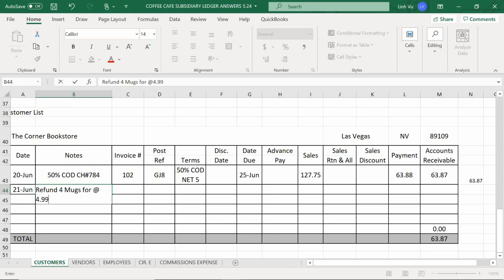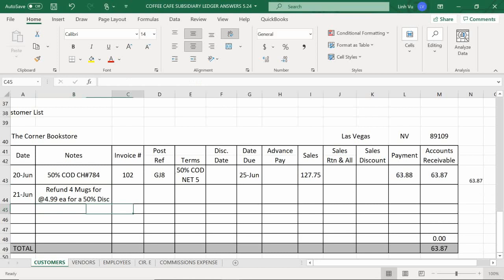Or 999. Yeah. Okay, invoice number R. General journal 9. And go all the way down to the sales returns and allowances for 998.